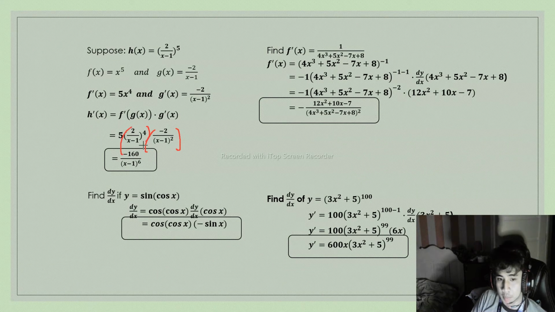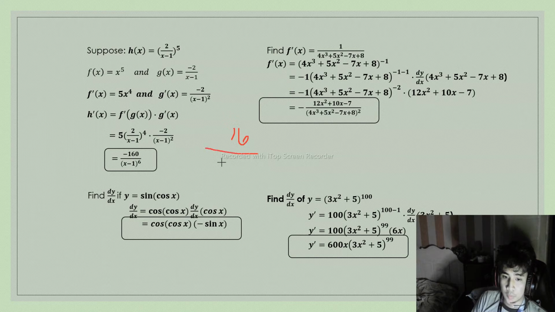Firstly, ito muna side na to. So, ang mangyayari, square root of 2 raised to 4 is equal to 16 over x minus 1 raised to 4. Tapos, meron 5 dito, 5 over 1 yan.